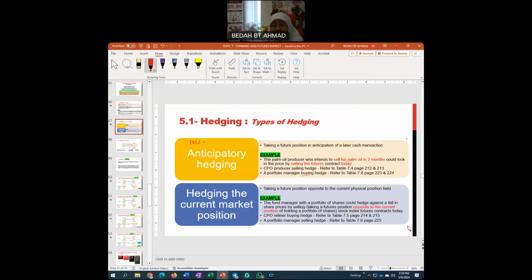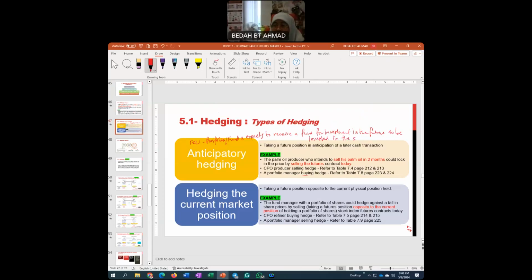This is when the portfolio manager or fund manager is expecting to receive some investment fund in the future, to be invested in the stock market.